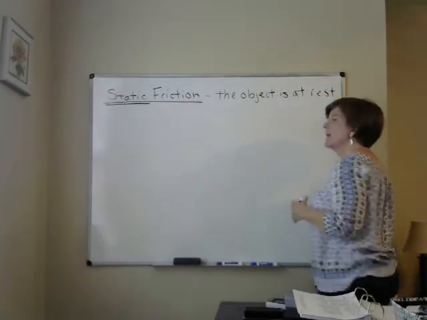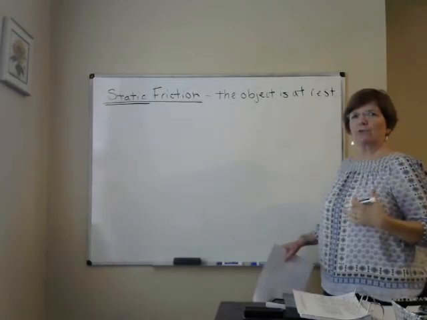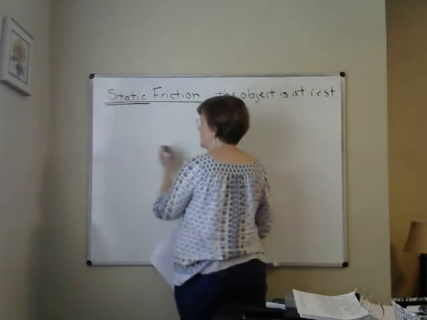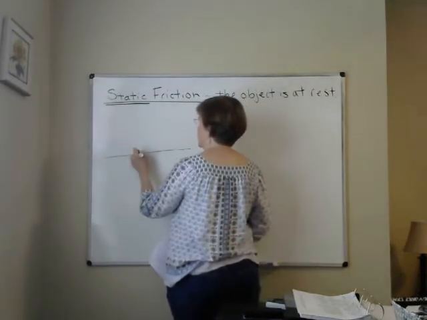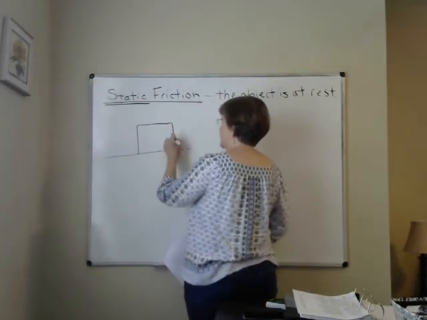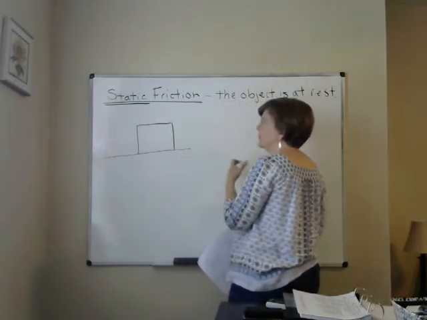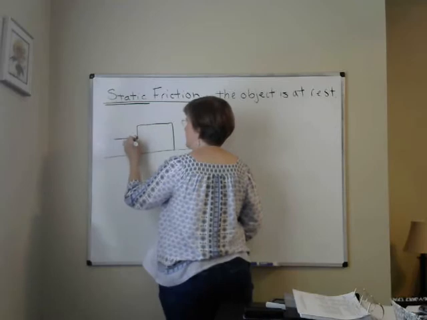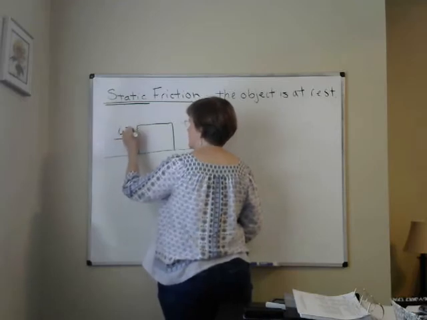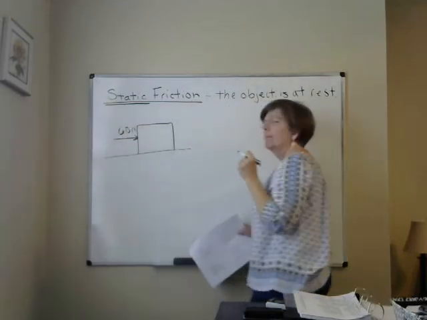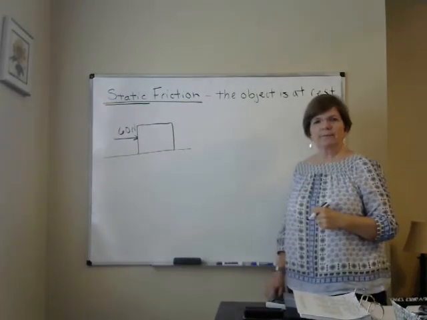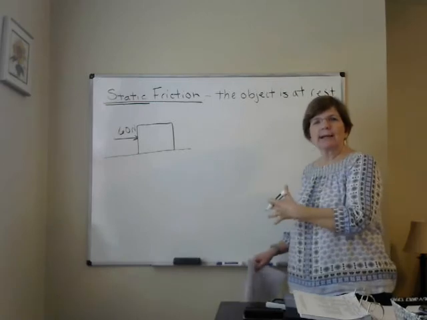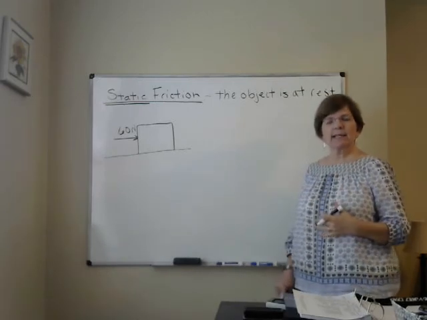So perhaps you've got a dresser in your room. It's full of clothes. It's very, very heavy. And you decide you want to push this dresser across the room. So you've got this great big object, and you push on it with 60 newtons. But it won't budge. Well, in order to remain at rest, we know the net force has to be 0.